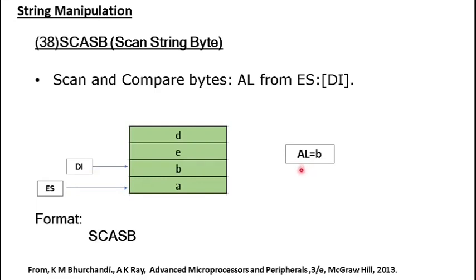If the byte is equal to the one that we have in AL, then the zero flag will be set, otherwise the zero flag will be unset. So for a single execution of SCASB, the current byte pointed to by the ES-DI combination will be subtracted from that stored in AL.